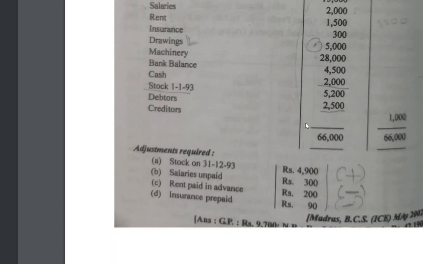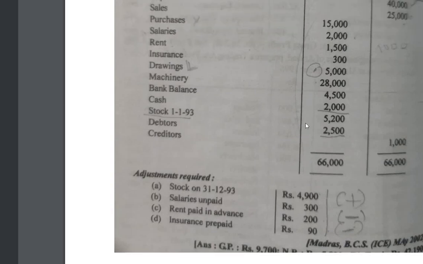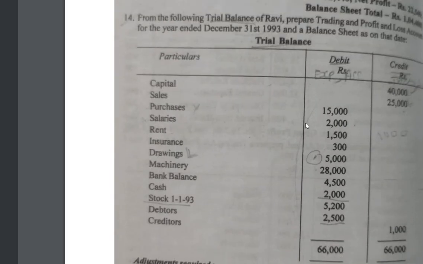Then the adjustments required are: the closing stock on 31st December 1993, rupees 4,900. The salaries unpaid 300, rent paid in advance 200, and insurance paid 90. So this is given in the problem. Based on this information, we are going to prepare the final account with the necessary adjustments.